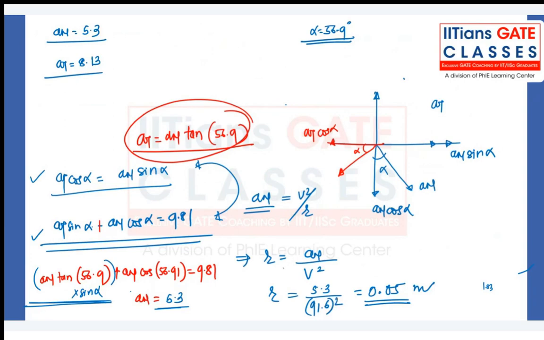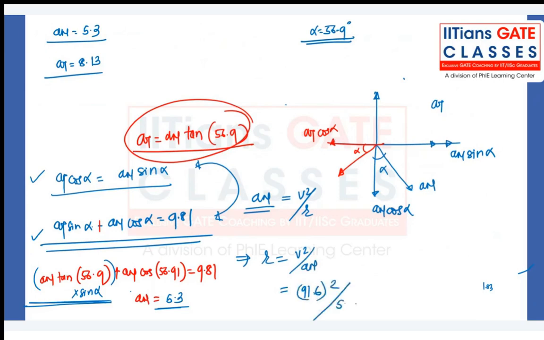In v square it should be. Okay. So what we are interested in is R, right? So it's v square by AN. Thank you. V square here is how much? 91.6 whole square divided by AN, which is 5.3. Is it correct now? I think it should be correct now. Let me just calculate on my mobile. 91.6 into 90.